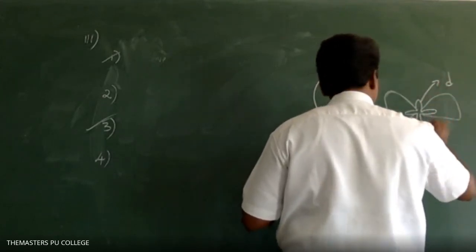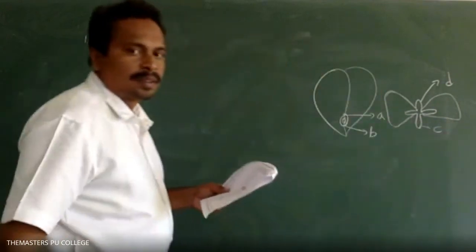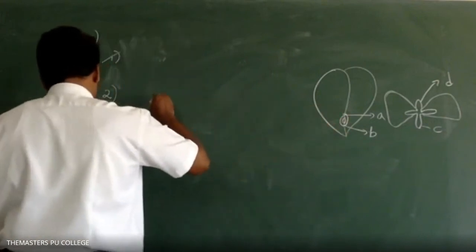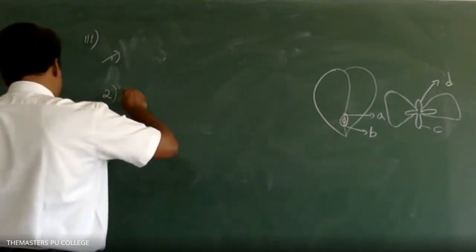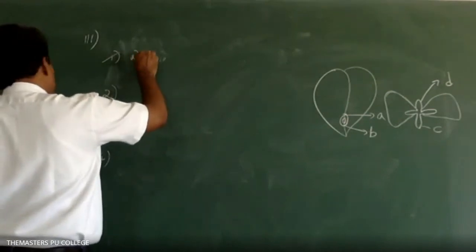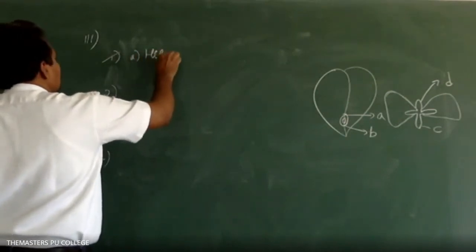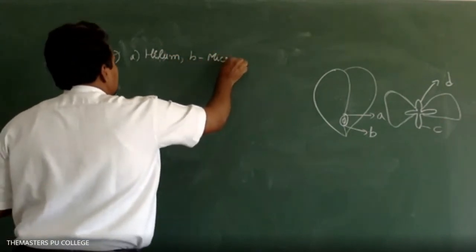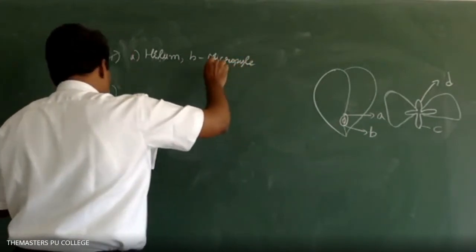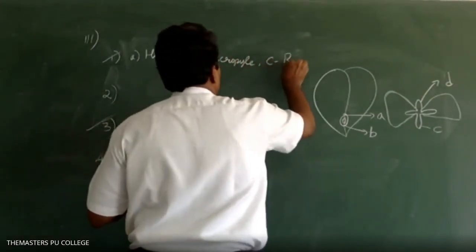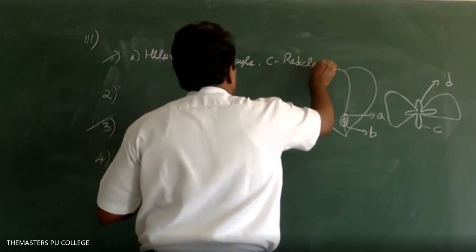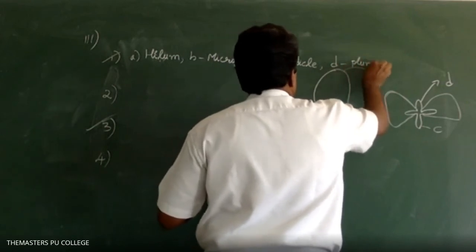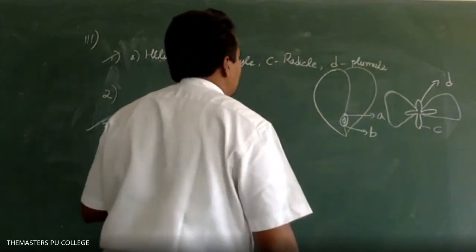The given options: first option, A is testa, B is micropyle, C is radicle, D is plumule.